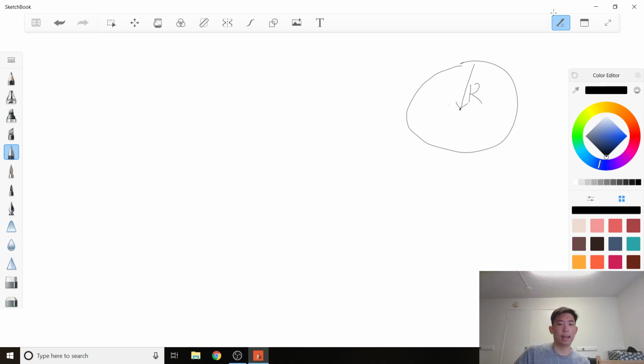That is the definition of a sphere. So any point P on the surface of the sphere, the length of P is going to be equal to r.